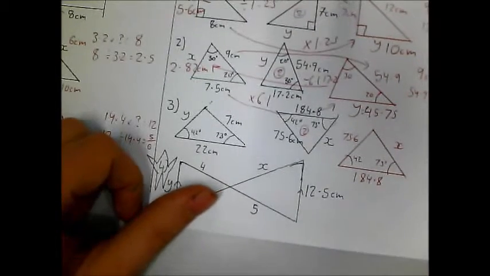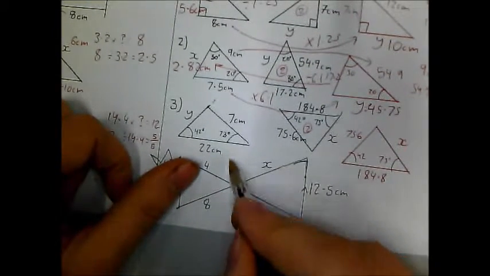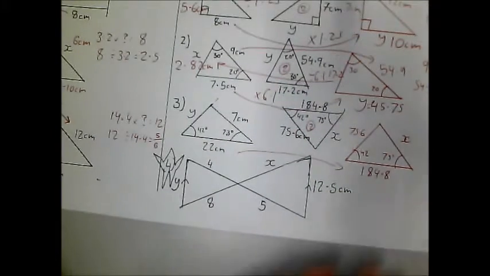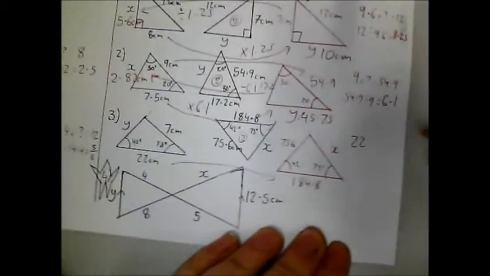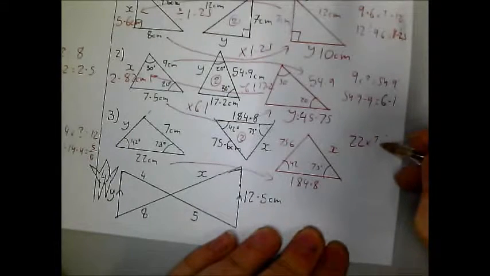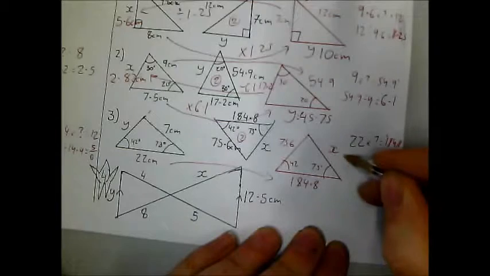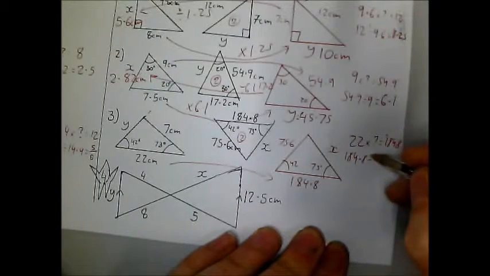Okay, so I want to go from 22 to 184.8. So 22 times something equals 184.8. So 184.8 divided by 22 will give me my scale factor.